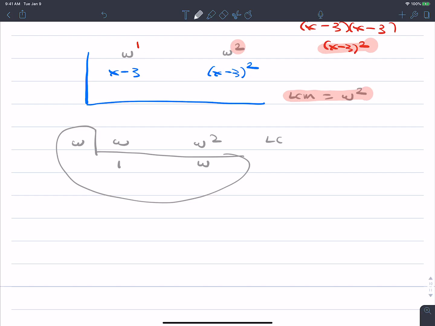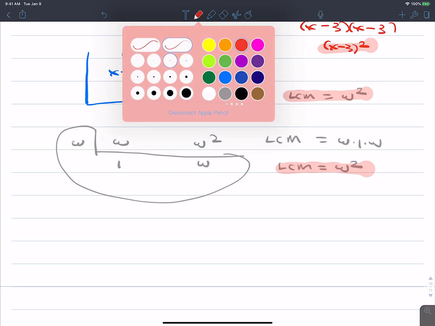So is my LCM going to be w times 1 times w? Yes, that's w squared again. This is the way we've been discussing even since the last section of how you find the LCM.